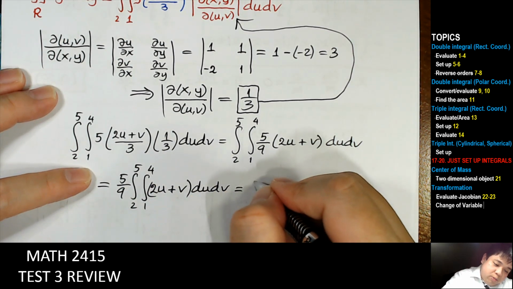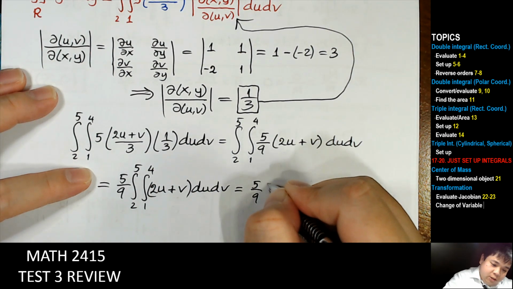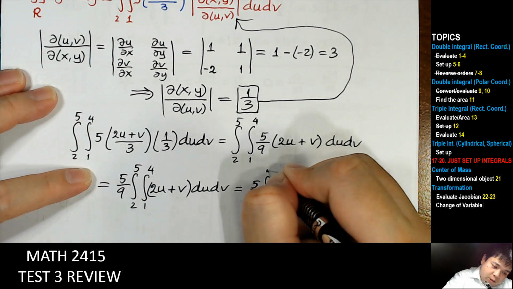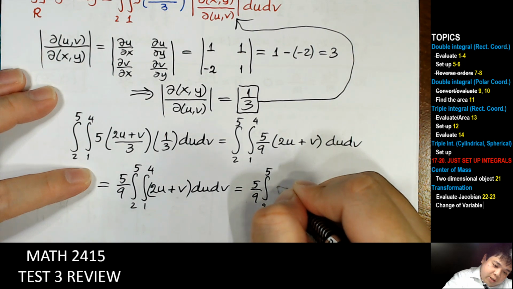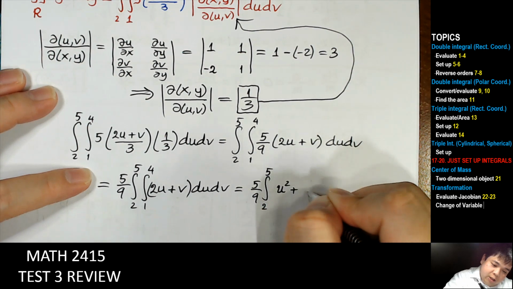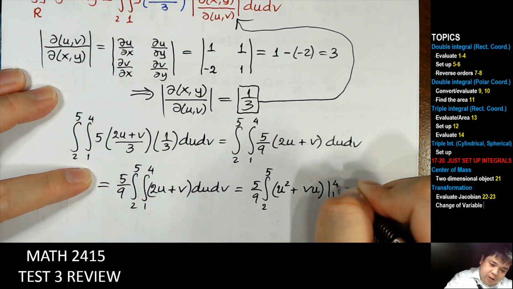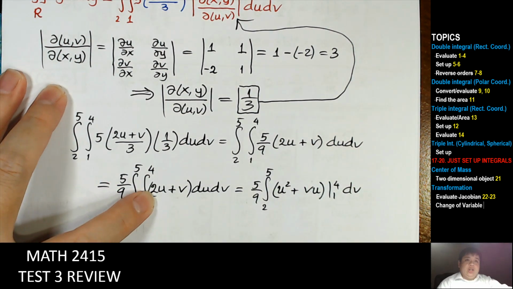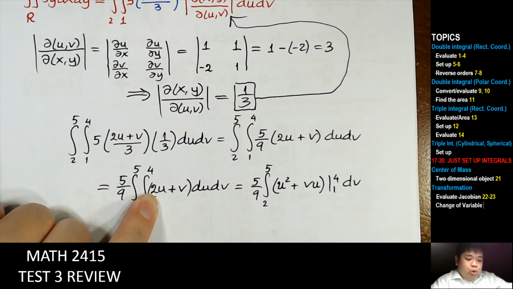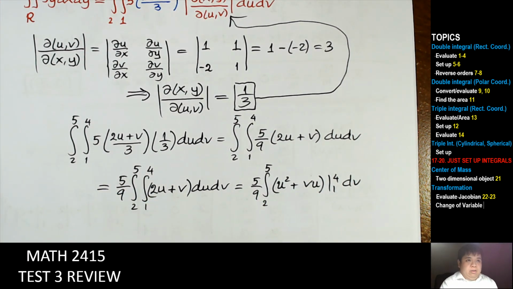Now we integrate with respect to u. That gives us u squared plus vu from 1 to 4. The integral of 2u with respect to u is u squared, and v is a constant, so we stick a u to it.